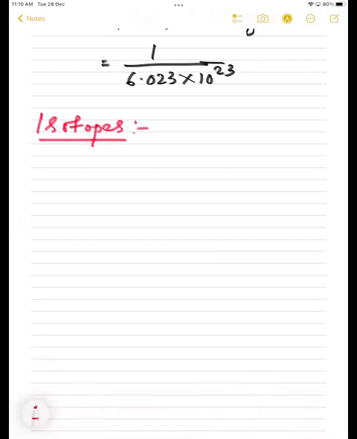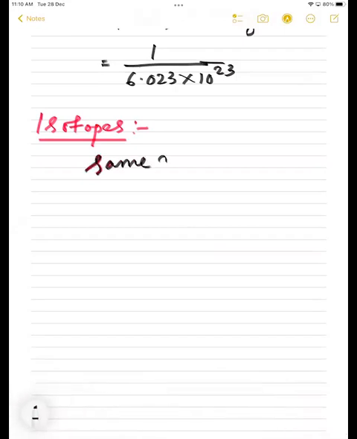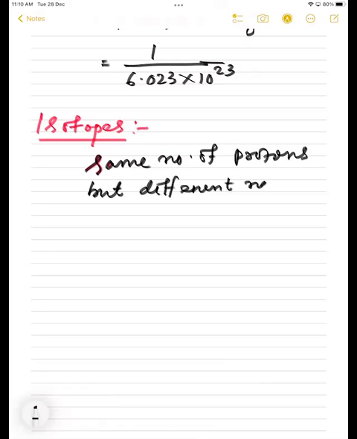Students, nuclei having the same number of protons but a different number of neutrons are called isotopes.